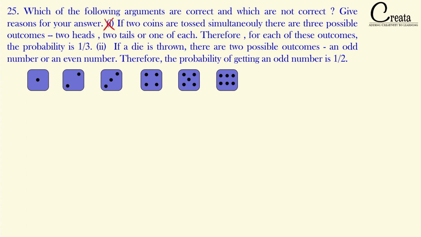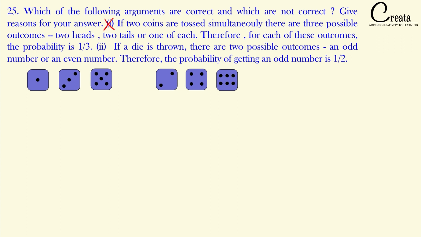Yes, this understanding is also correct. If we are rolling the die, we are getting a number from 1 to 6. We can segregate the numbers in terms of even and odd. That is 1, 3 and 5 will be the odd numbers and 2, 4, 6 will be the even numbers. So we can say when we are rolling the die, either we are getting an odd number or an even number. So this understanding is purely correct.